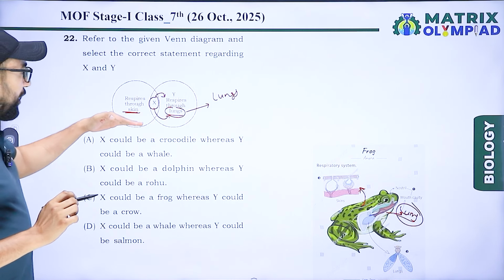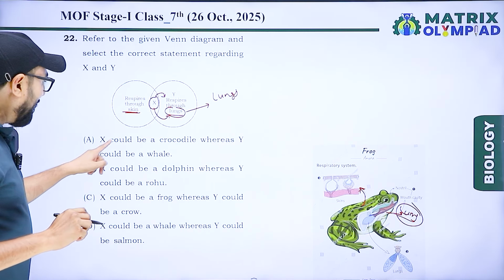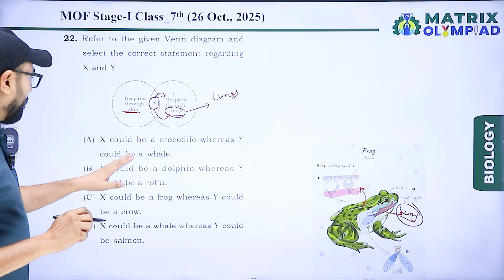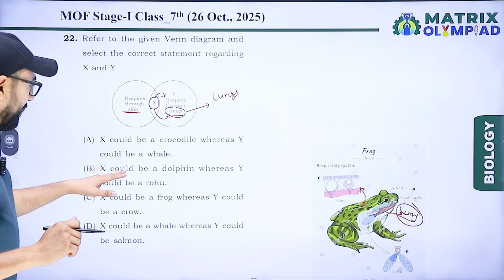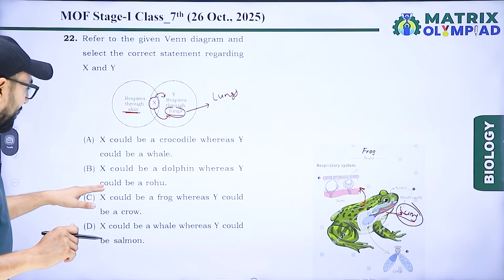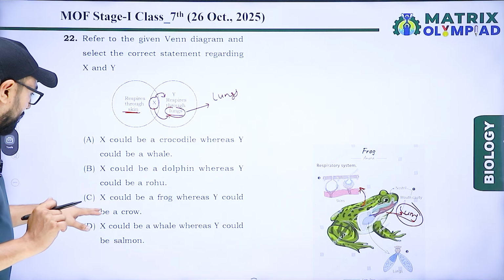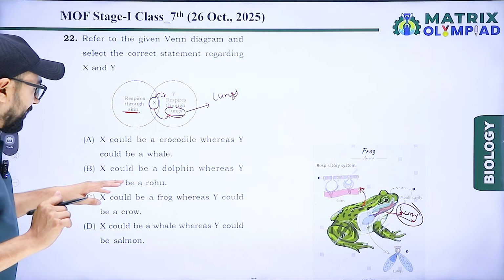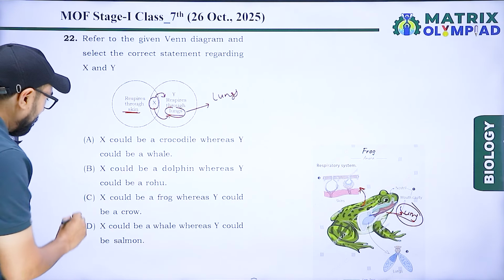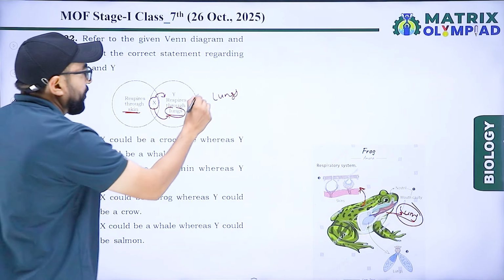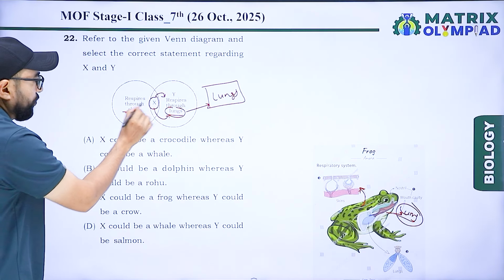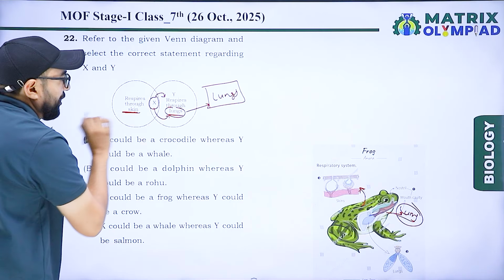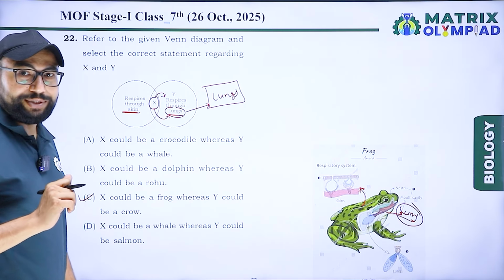According to this Venn diagram, X could be crocodile and Y could be whale, that is wrong. X could be dolphin whereas Y could be rohu, wrong. X could be frog whereas Y could be a crow, that is right, because a crow uses lungs for respiration and a frog uses skin and lungs.